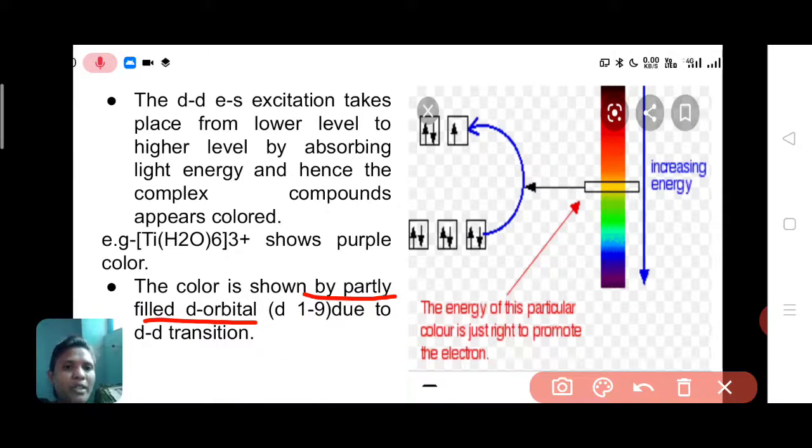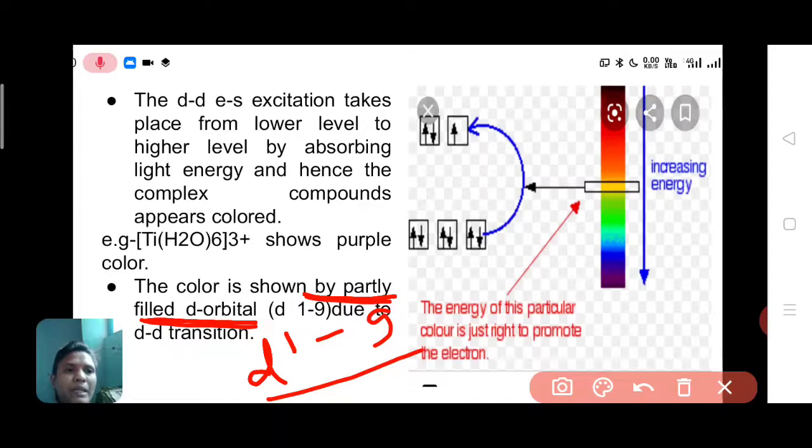Partly filled d orbital means when d orbital contains electrons from 1 to 9. Okay, there should be no d0 configuration. When d orbital contains electrons from 1 to 9, then this electronic configuration is called partly filled d orbital. It should not be empty or completely filled.